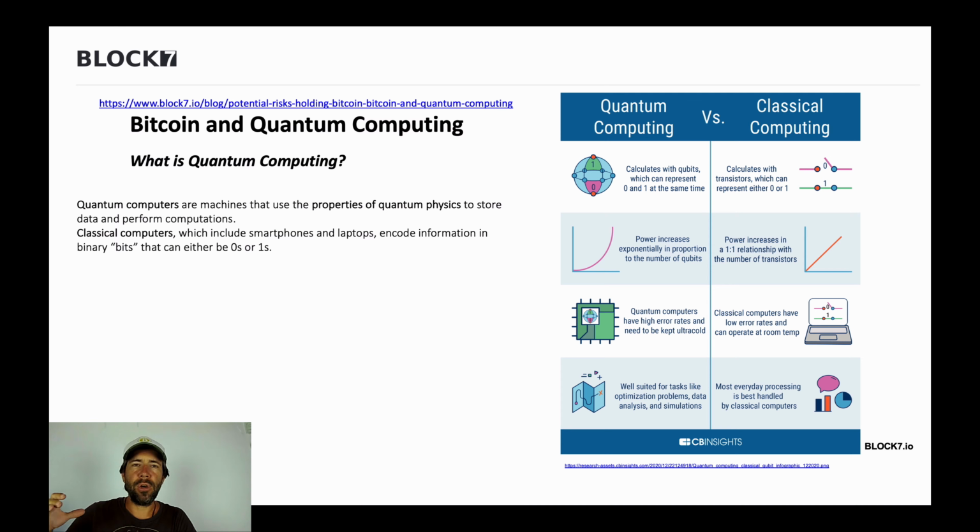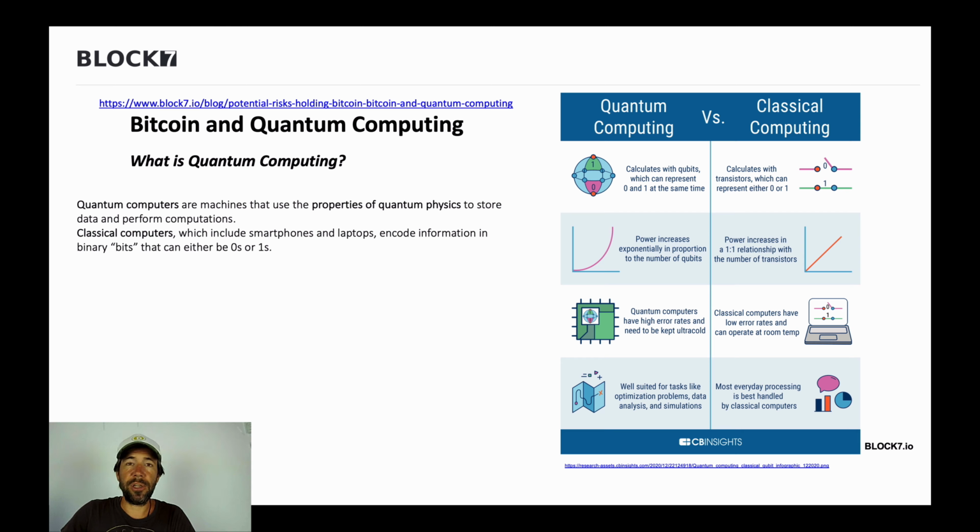And the calculation we're gonna do will show you exactly how many physical qubits you actually need to calculate what you would have to calculate, or what the math power or the calculation power is that you would have to produce to be a risk for Bitcoin. The classical computer has a low error rate, but of course the classical computer is much slower in solving problems.